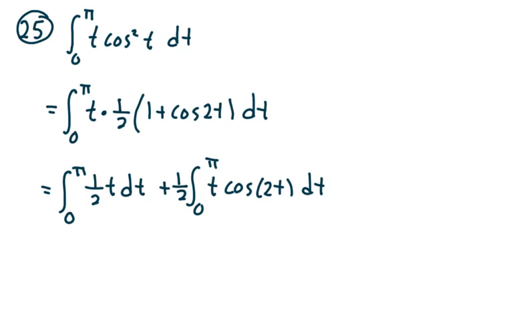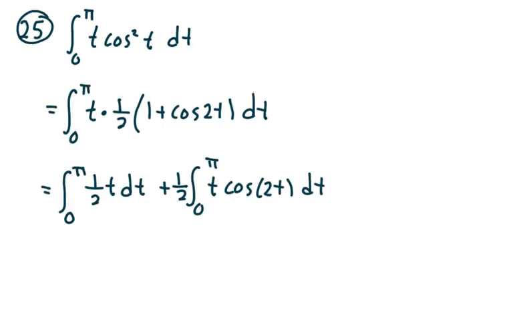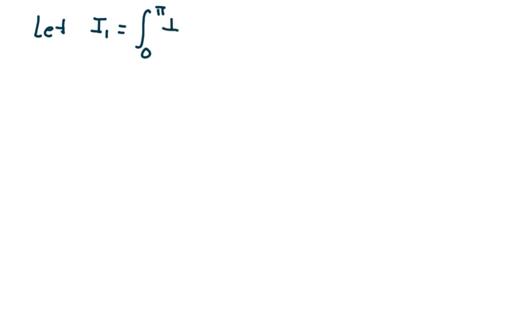Okay, now I'm going to take this in pieces. So let I sub 1 equal the integral from 0 to pi of 1/2 t dt. It's just kind of a nice way to organize our thoughts.